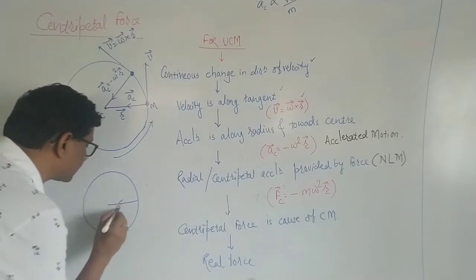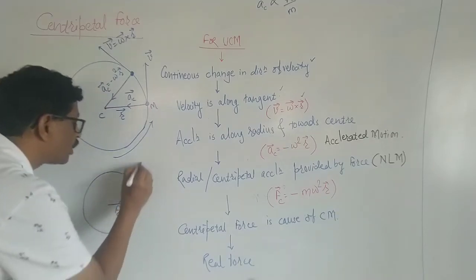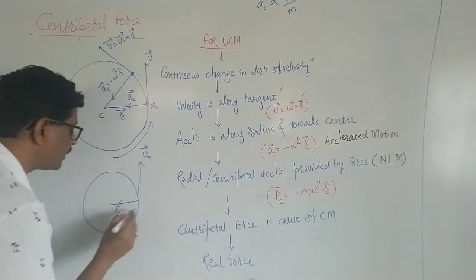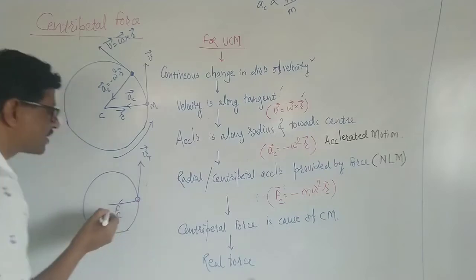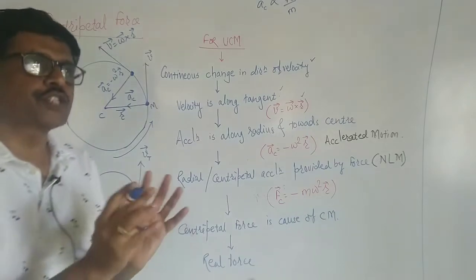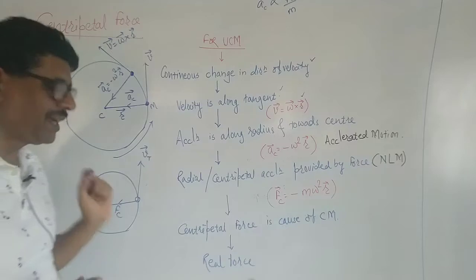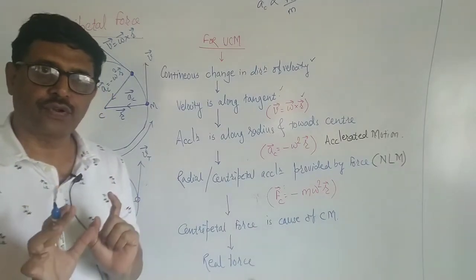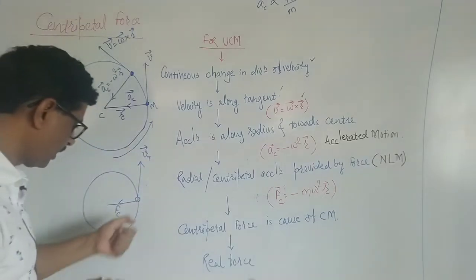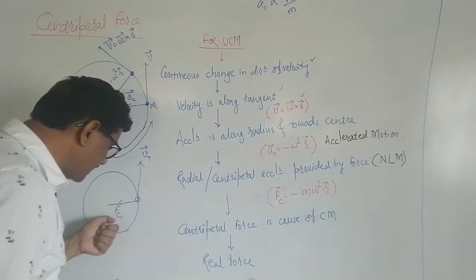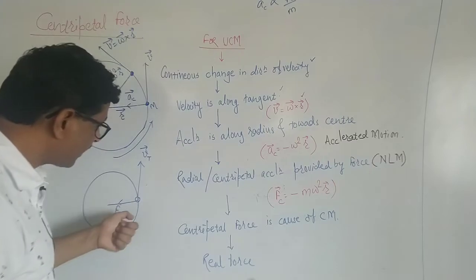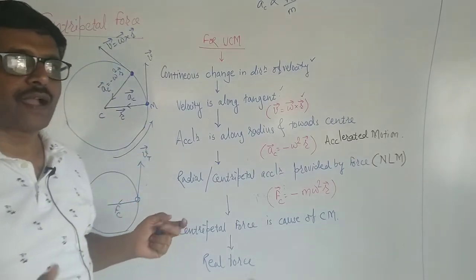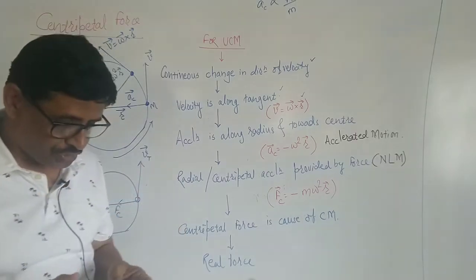Another thing is that the velocity will be along the tangent. Therefore, velocity along the tangent and force towards the center. If both conditions are satisfied, then and only then the motion is circular motion. Therefore, what is the cause of circular motion? A centripetal force which is along the radius towards the center, and a tangential velocity. Force and velocity are perpendicular, and because of that the motion is circular.